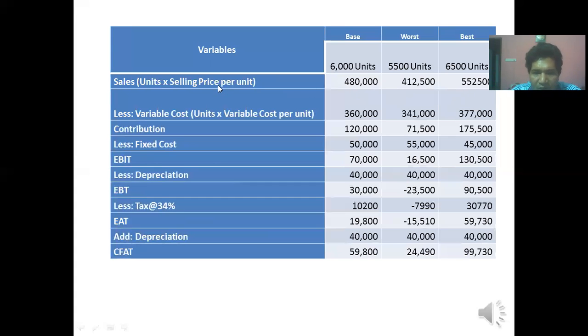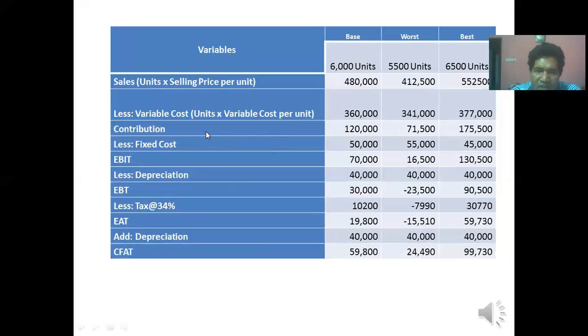So sales was 480,000, 412,000, 552,500. Variable cost: you have to multiply the units by the variable cost per unit. 360,000, 341,000, 377,000.